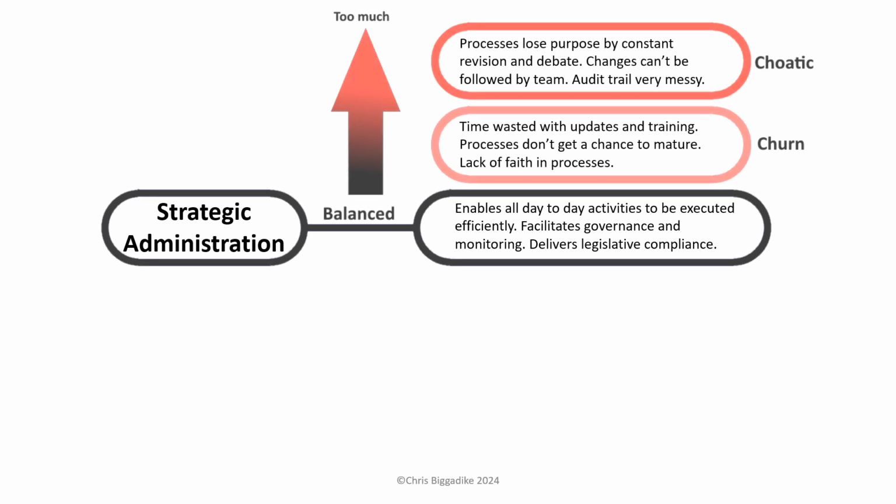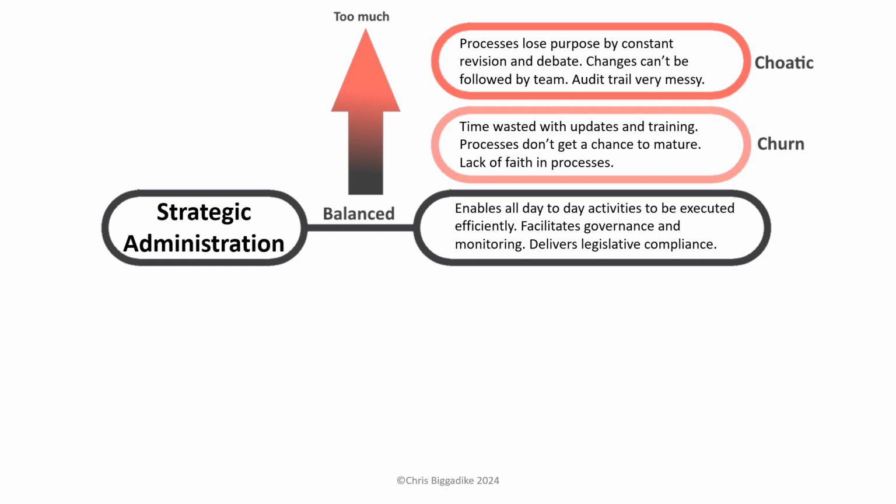But what happens when there's too much? So it keeps changing. Well, initially, time is wasted with updates and training. Processes don't get a chance to mature. And there's actually a lack of faith in processes. It's no good having a process if you don't even get to execute it before it changes again.